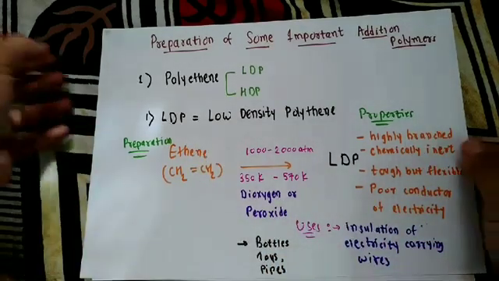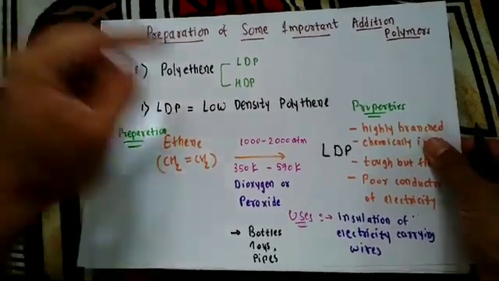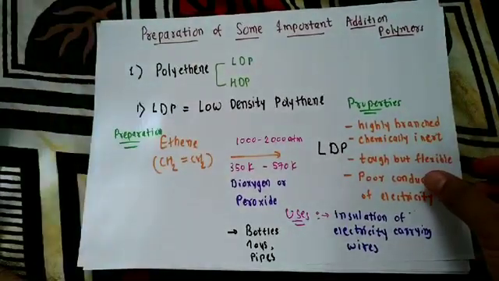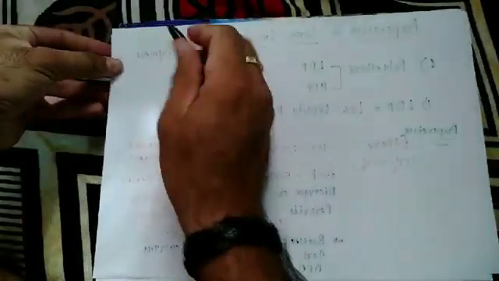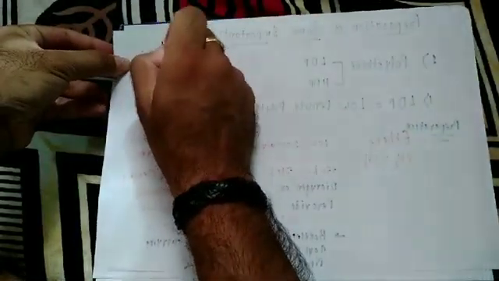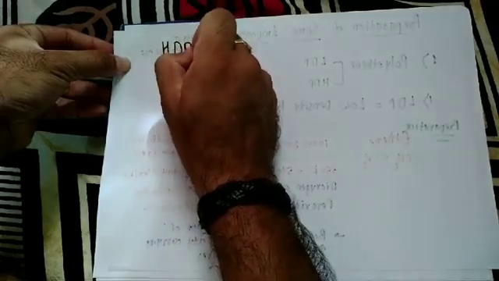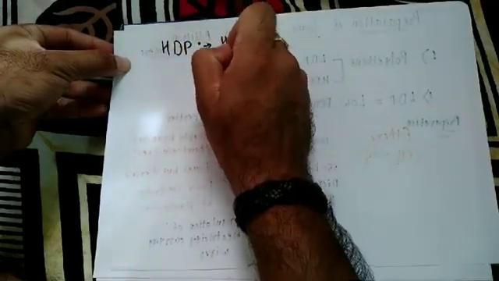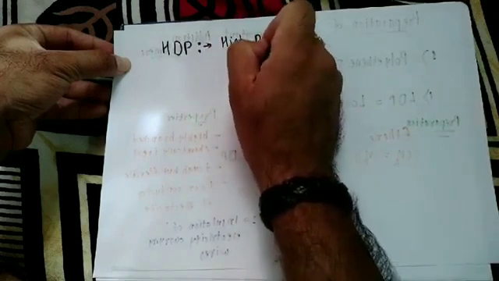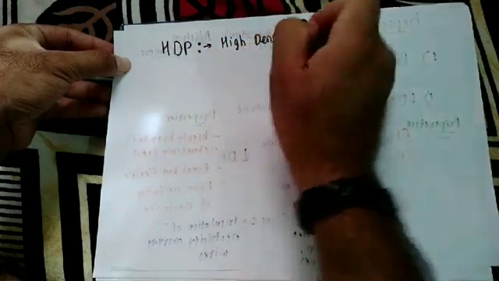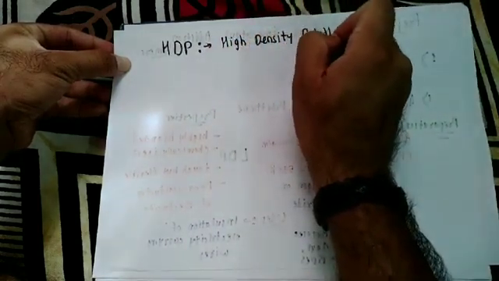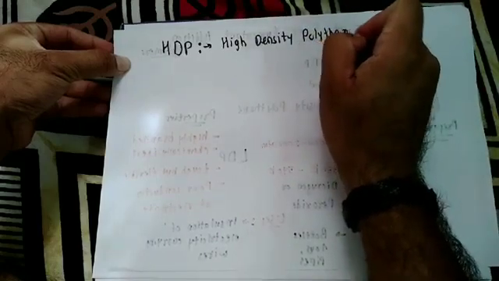Now we are going to discuss another polythene, that is HDP, high density polythene.